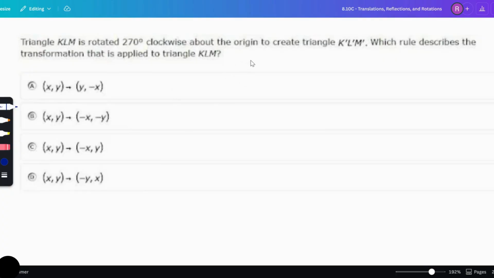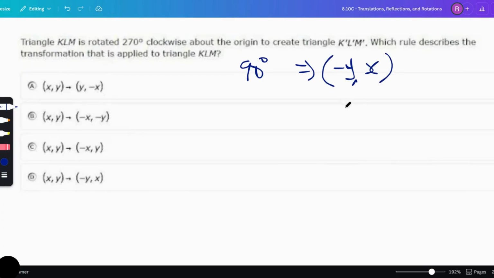So I explained this in the last two videos. When we rotate 90 degrees clockwise, it becomes negative y comma x.